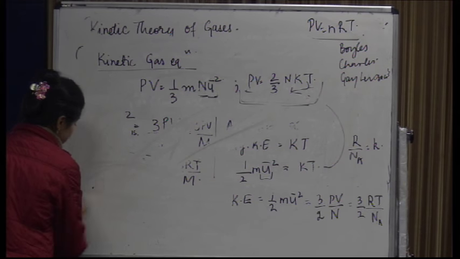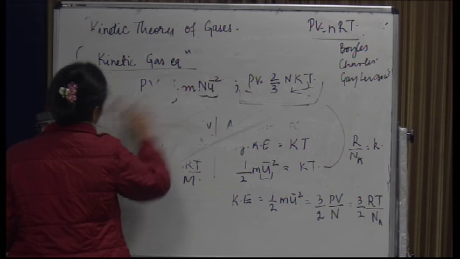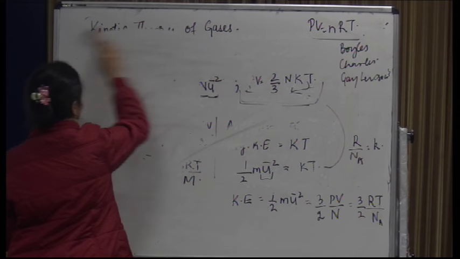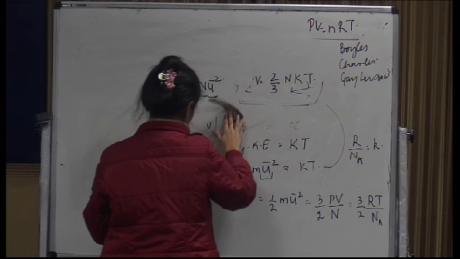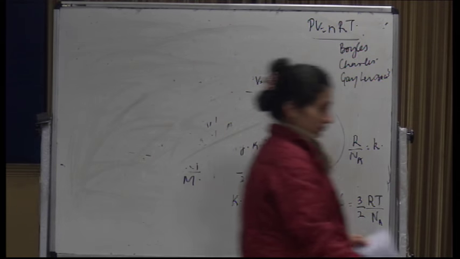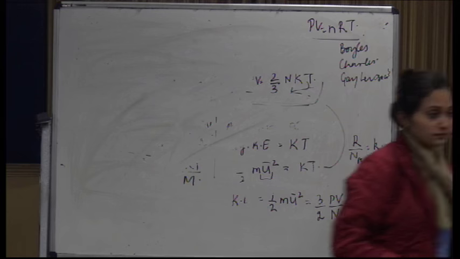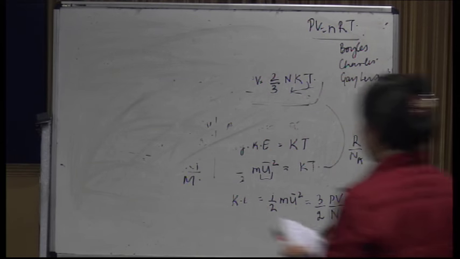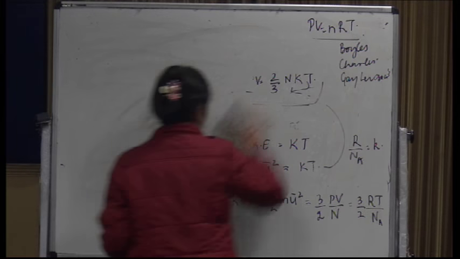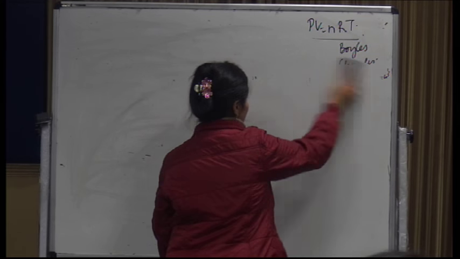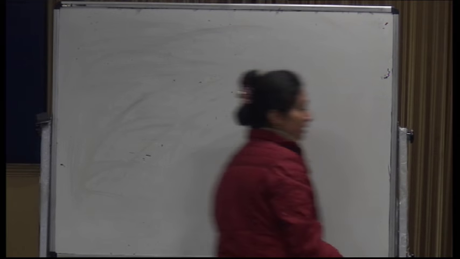And again, this is a law which is followed only by ideal gases. Remember that if we are talking about some kind of a deviation from the ideal behavior, then we will be talking of a compression factor or a compressibility factor.